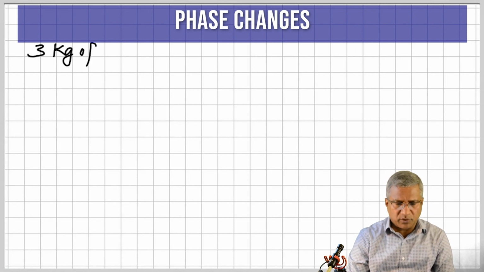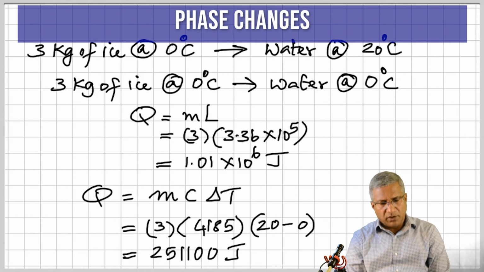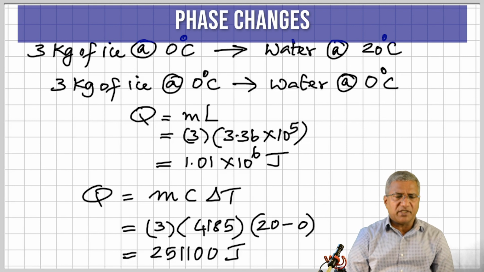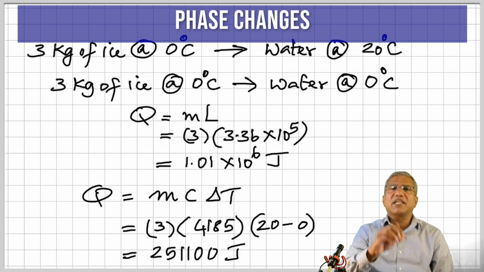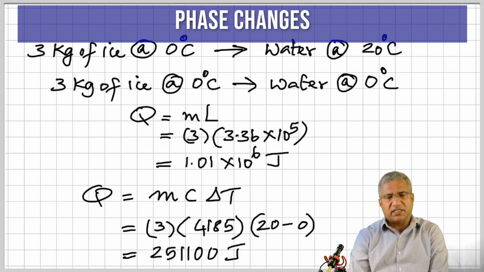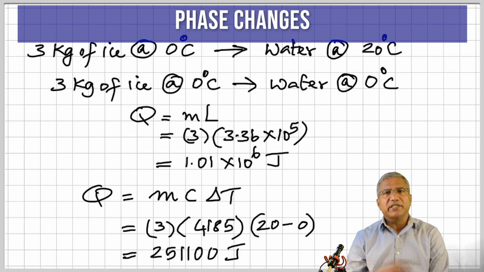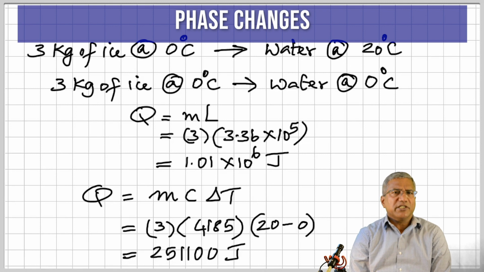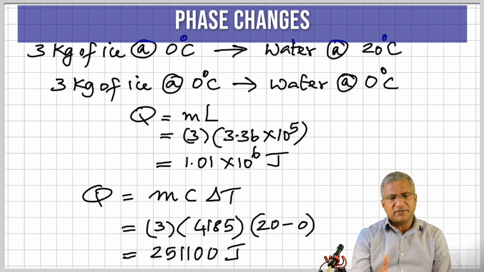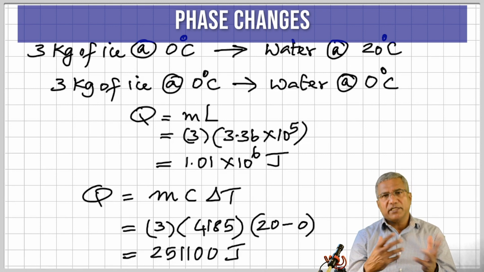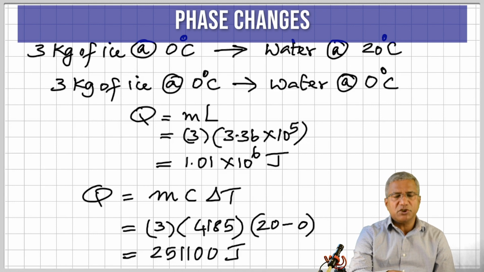Okay. And here we have a problem that we had done. You have 3 kilograms of ice at 0 degrees Celsius, and you got to change it into water at 20 degrees Celsius. Didn't we do this? We did. So what you do is first find the heat required for the phase change, mass times the latent heat.